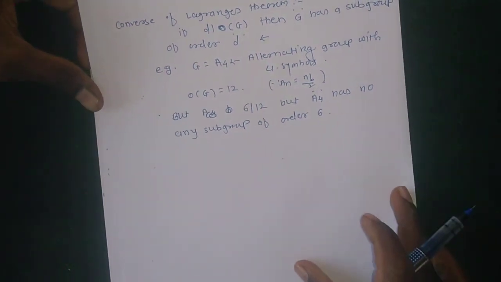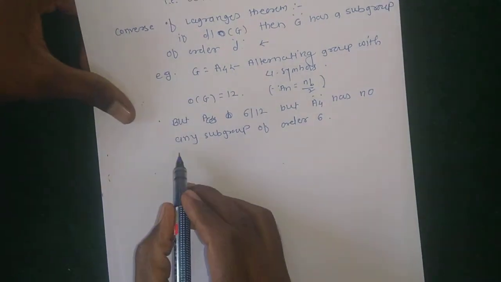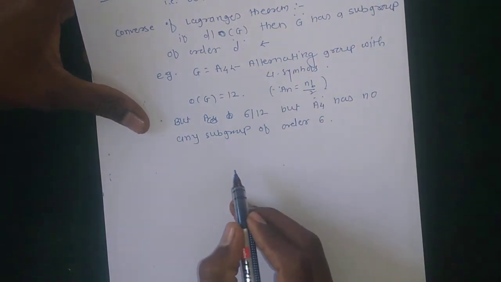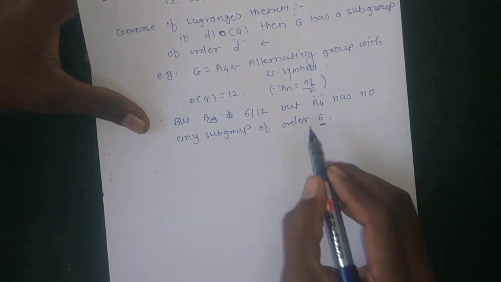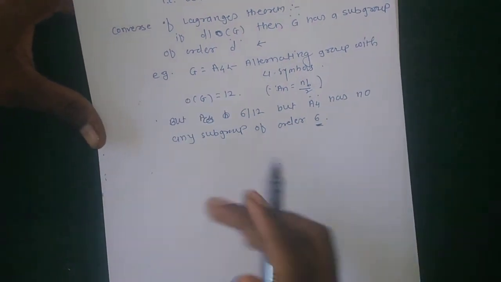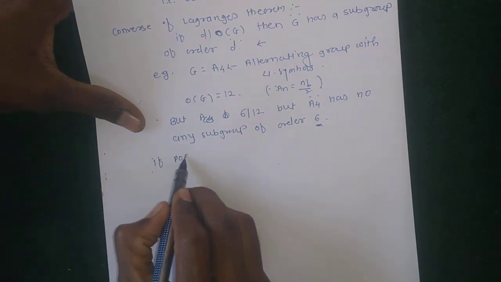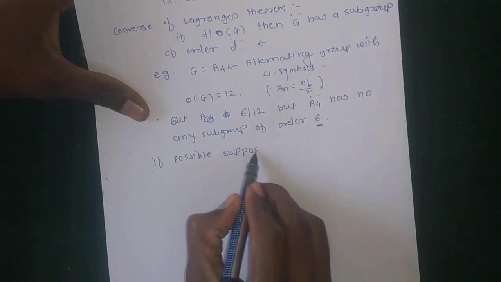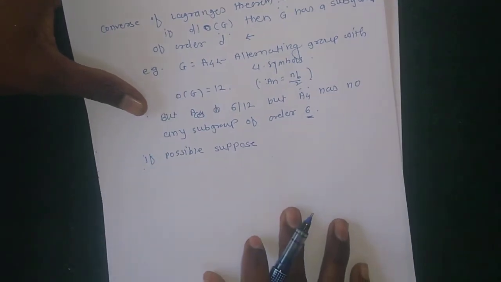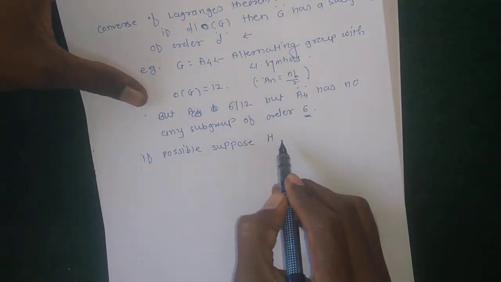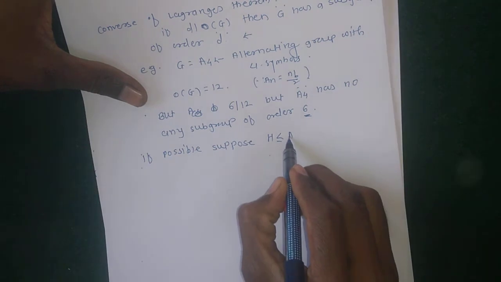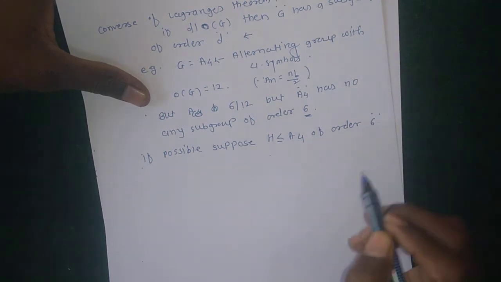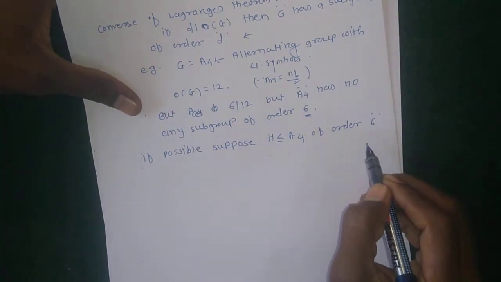How do we prove this? Suppose, on the contrary, if possible, that A4 has a subgroup H of order 6.